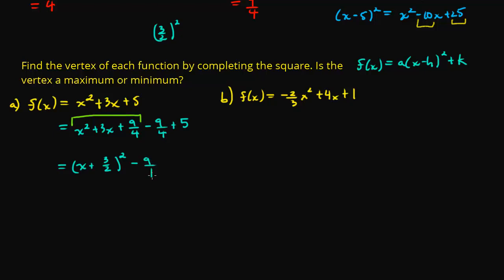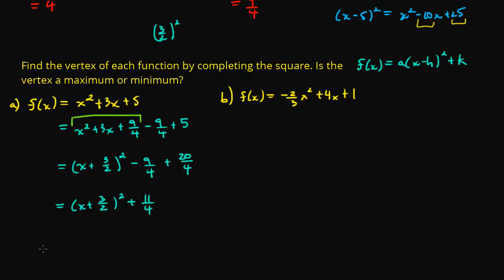And I can combine these constants: minus 9 over 4 plus, if I want to find a common denominator, I could write this as 20 over 4. So this is equal to x plus 3 over 2 squared plus 11 over 4.